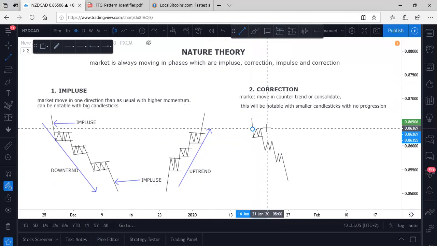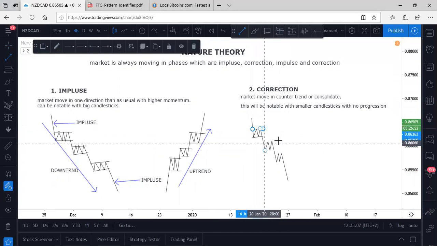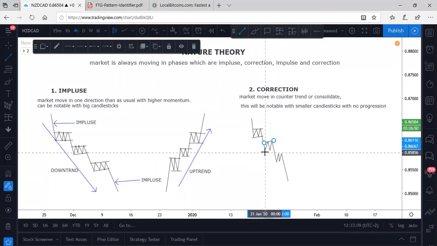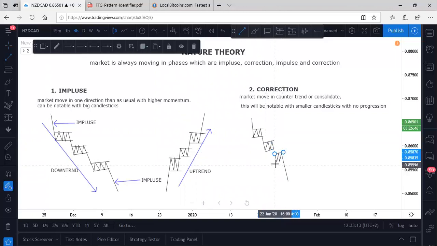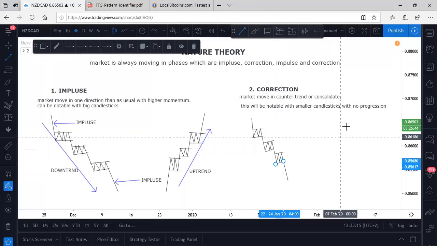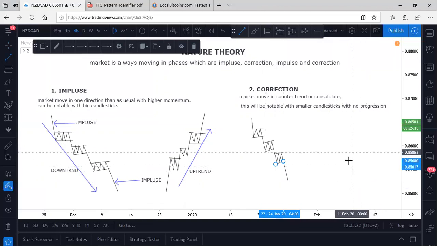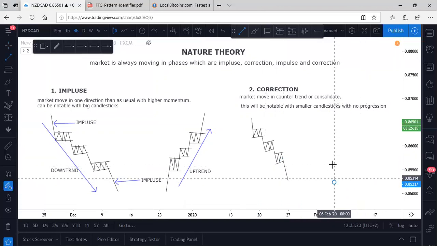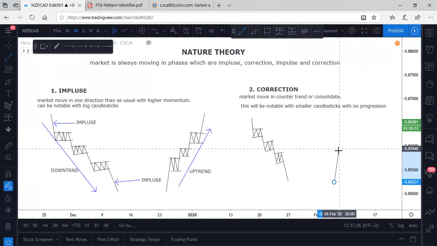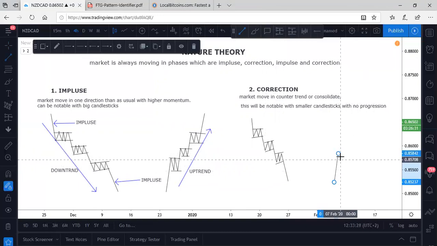These are called correction. So this is for uptrend.